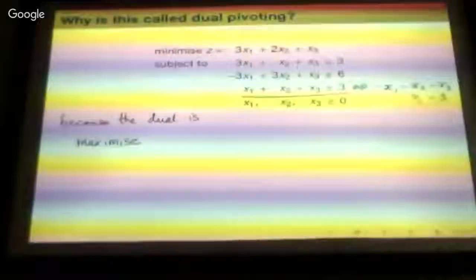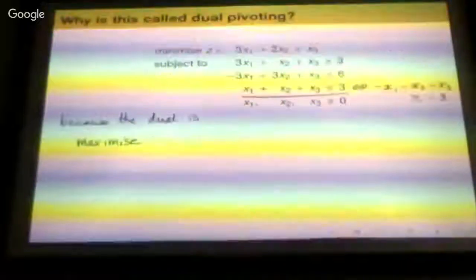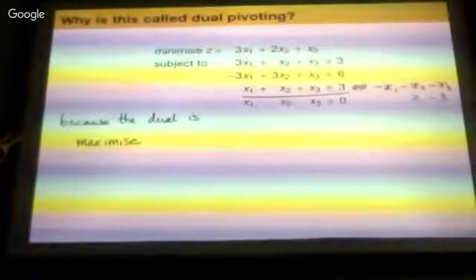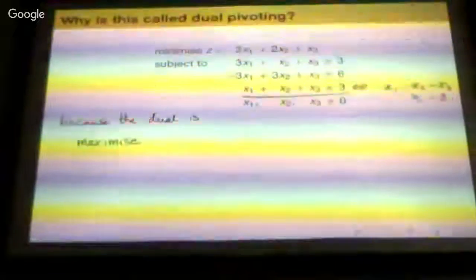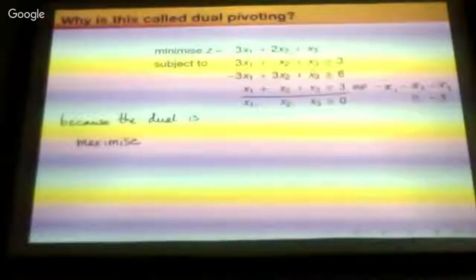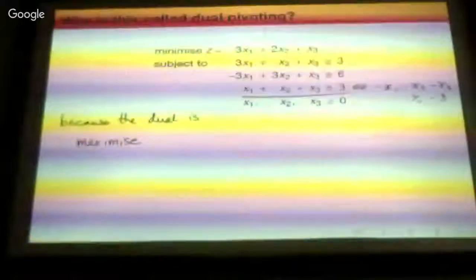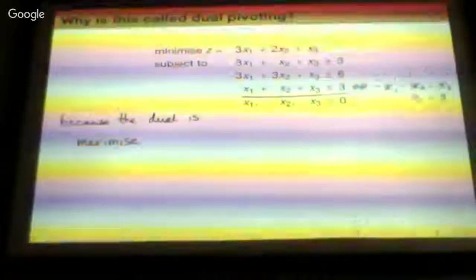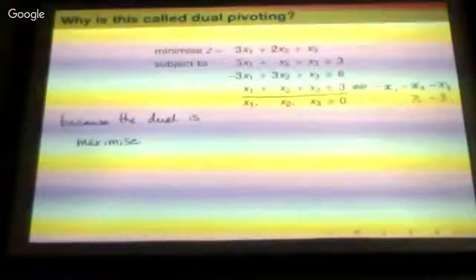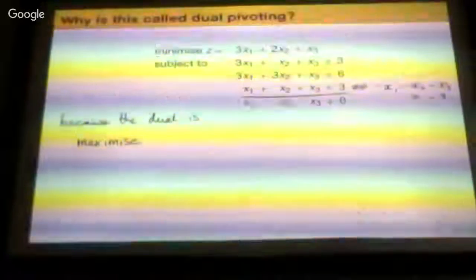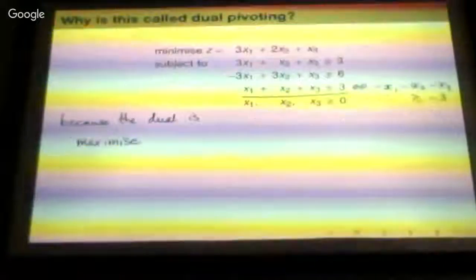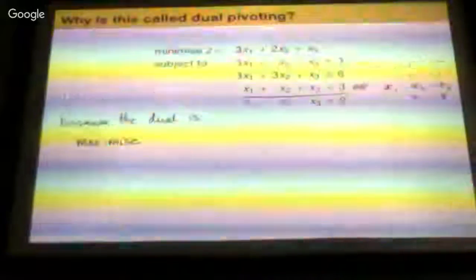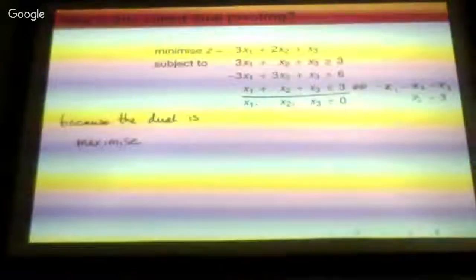And so with the new formulation, slightly better, what's the dual? Maximize 3, 6, and 3, the ones in the.